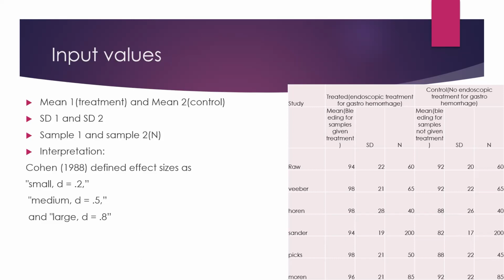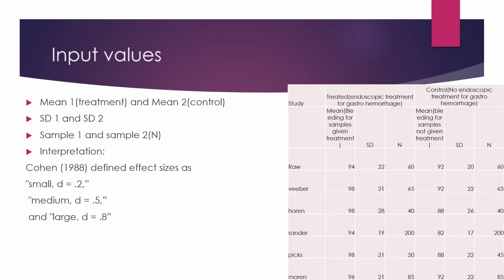Okay, now please don't ask me what's endoscopic treatment, even I don't know. So 60 were given endoscopic treatment, 60 were not given. After a certain period of time, the bleeding level of the people treated with endoscopic treatment was noted down, and the bleeding level of those 60 people who were not given endoscopic treatment was also noted down.